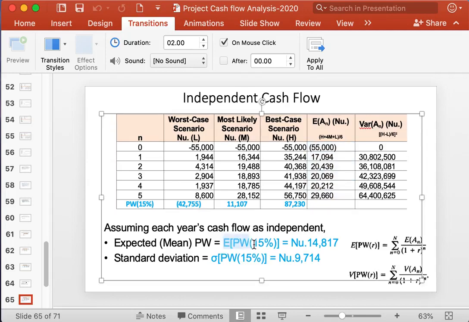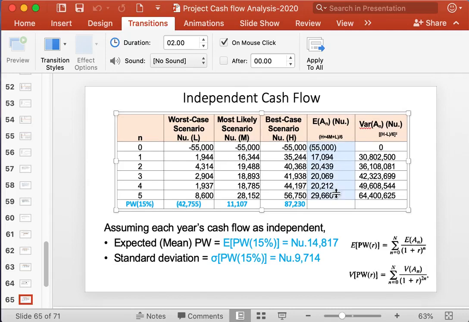So this is different from this, which is only present worth at MARR of 15%. Here it is expected. So that means we are trying to find out the mean net present worth of the expected cash flows over the project's life.